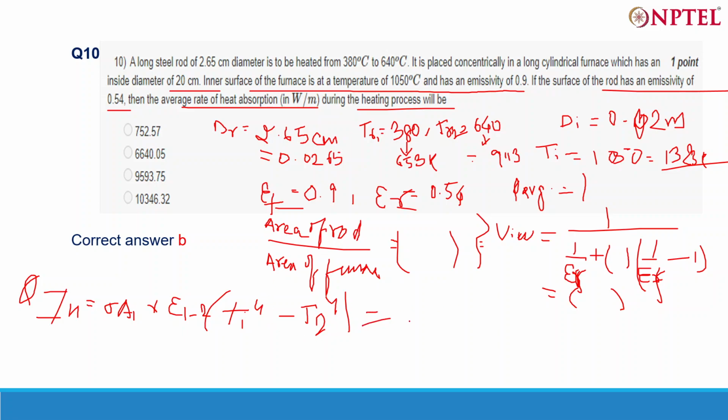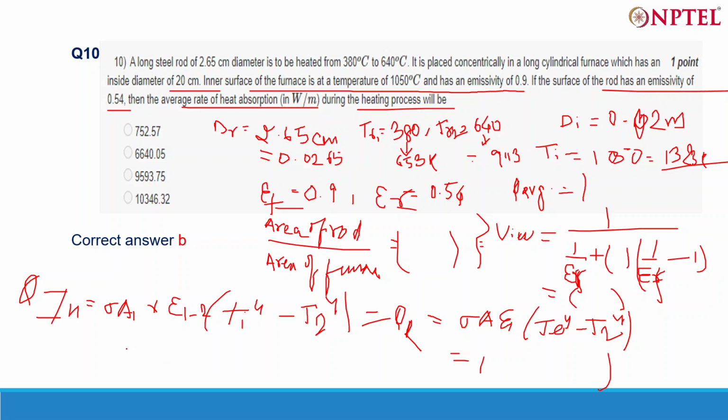Now you need to evaluate the rate of heat transfer just near the end of the rod, where the rod is actually getting to end. Okay, so at that place use the same formula, sigma A into epsilon 1 to 2 into Te to the power 4 minus T2 to the power 4. Okay, with this value you will get some data.